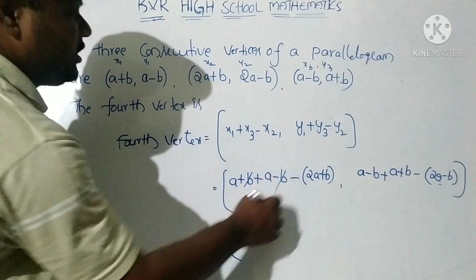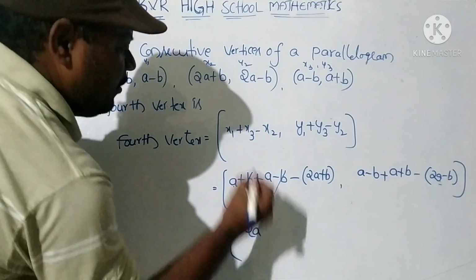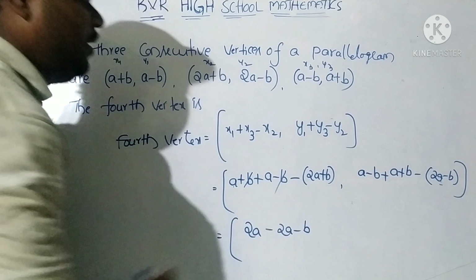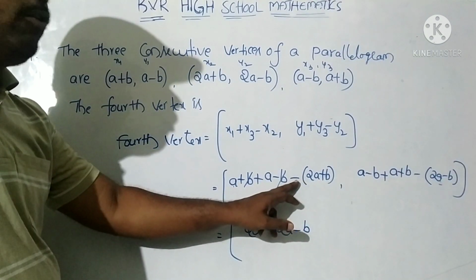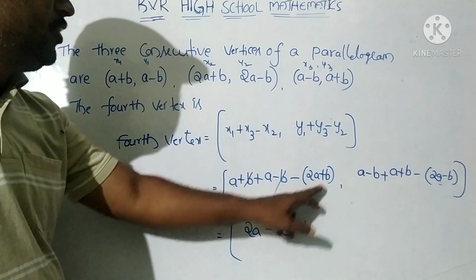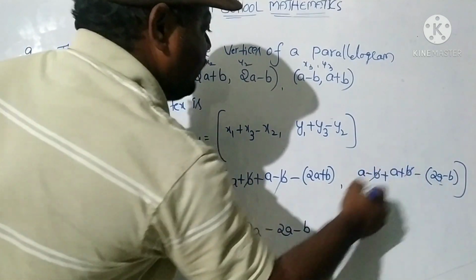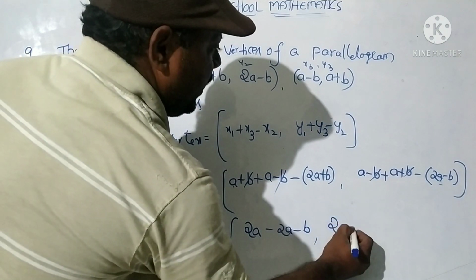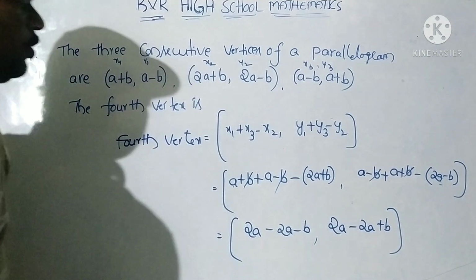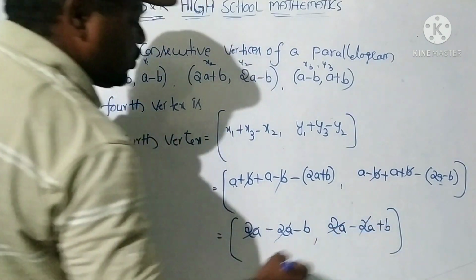Plus b minus b gets cancelled. So a plus a is 2a, minus 2a, minus b. The bracket before the minus symbol makes minus 2a and minus b. Next, in the y part, plus b minus b get cancelled, and 2a minus 2a gets cancelled.